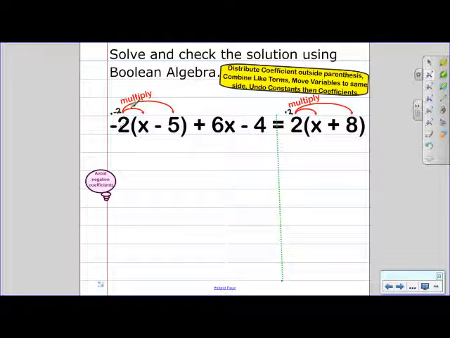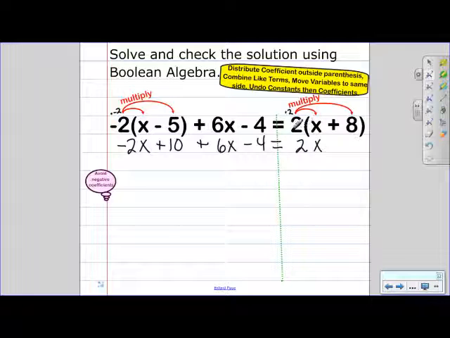So -2 times x is -2x, and -2 times -5 is +10. We don't need our parentheses now, so we have plus 6x minus 4 equals. We're going to distribute, so 2 times x is just 2x, and 2 times +8 is +16.